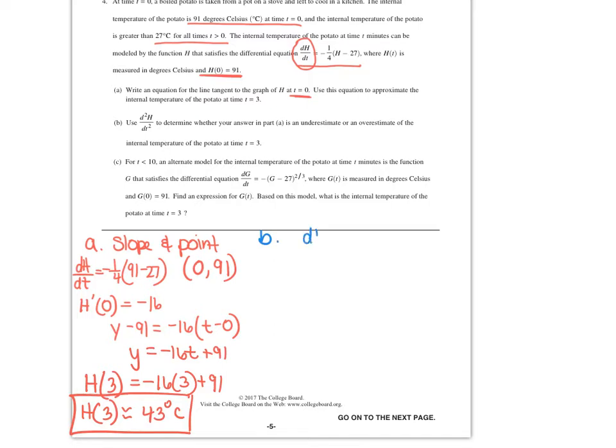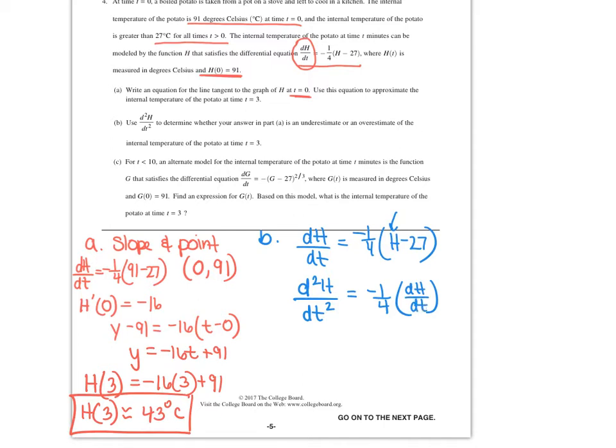So if we have dh/dt equals negative 1/4 times (h minus 27), and we take the derivative of both sides, we get our second derivative of h with respect to time is going to equal negative 1/4 times our derivative of h with respect to time.